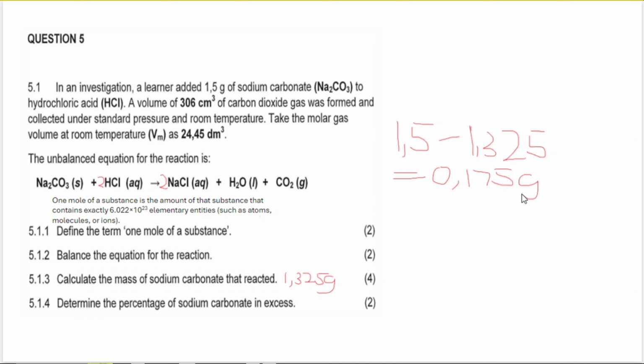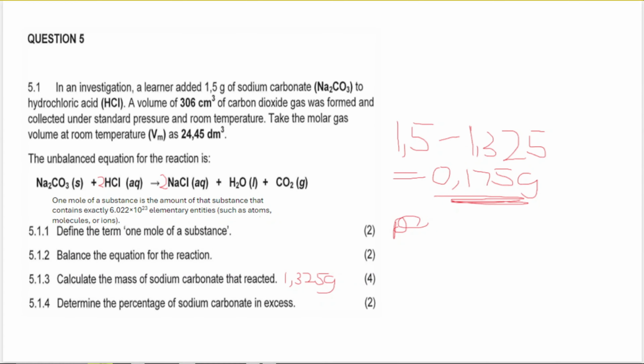Okay, so this is how much didn't react. To convert this into a percentage, you take how much didn't react divided by the total amount of the compound, right? And then times by 100.